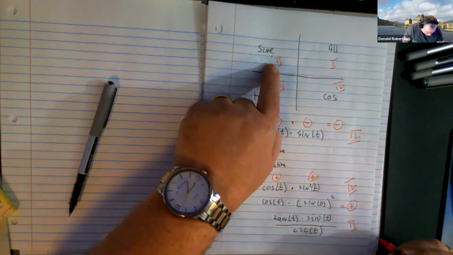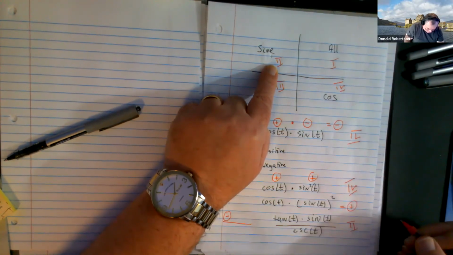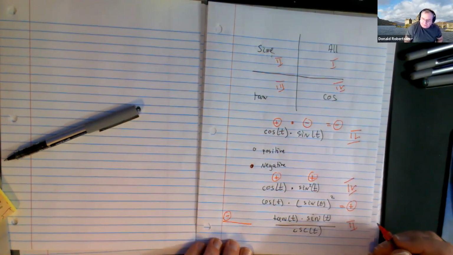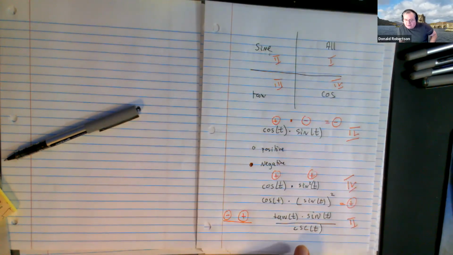So if you take the tangent function, would you agree in quadrant 2, the tangent is negative? Great. What is the sine in the second quadrant? Positive. Now, we don't do an awful lot of these cosecant, secant, cotangents, but you can still use this table to figure it out. Isn't the cosecant just 1 over the sine? Right.